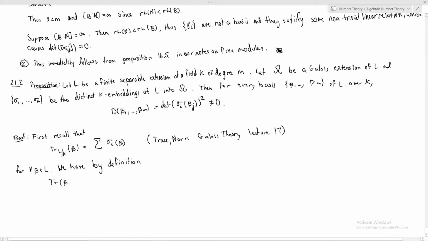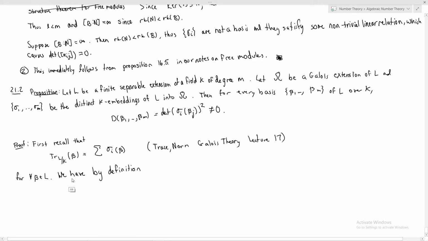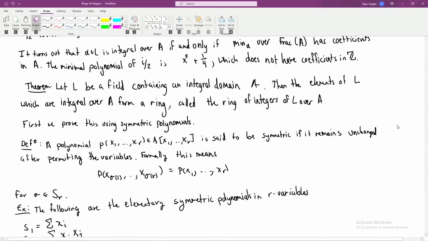So the ij entry of our matrix. Sorry, what am I saying here? Grab my eraser. So what?